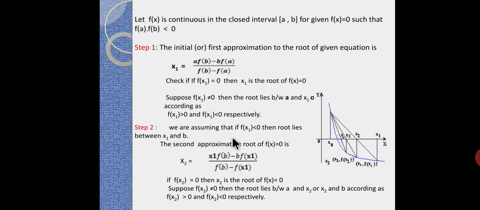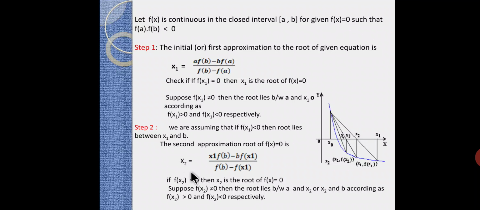We are assuming that if f(x1) is less than 0, then the root lies between x1 and b. So the second approximation root of f(x) = 0 is x2, where x2 is equal to [x1 f(b) minus b f(x1)] by [f(b) minus f(x1)]. We get the value for x2.